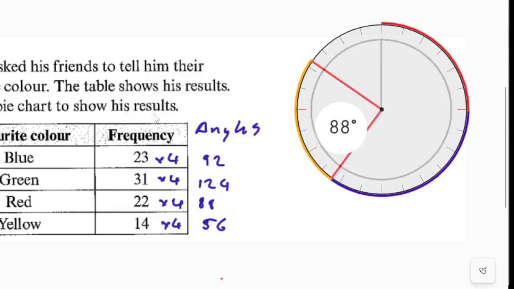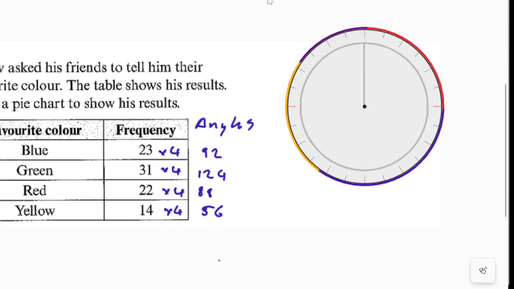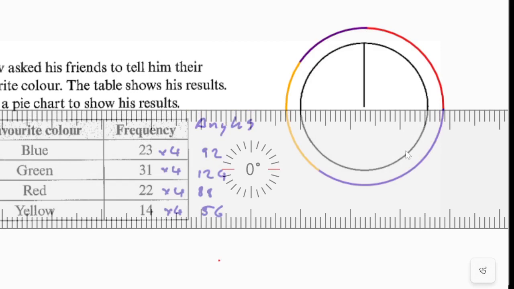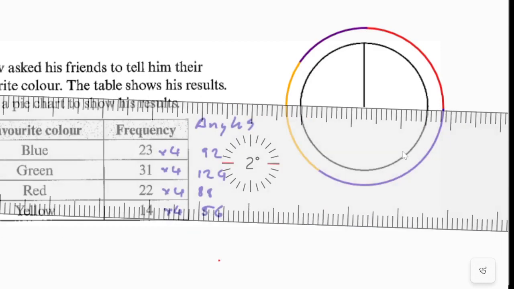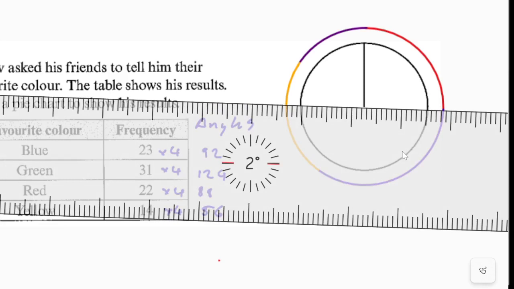So there we go. And then it's a case of switching to my ruler. This is the one that doesn't look particularly pretty. Right, so my first one was, and I'm just going to use my ruler and draw all my lines in.